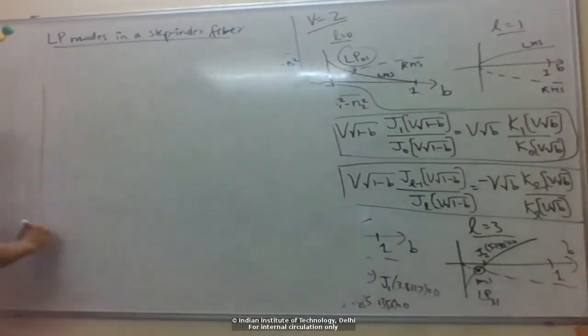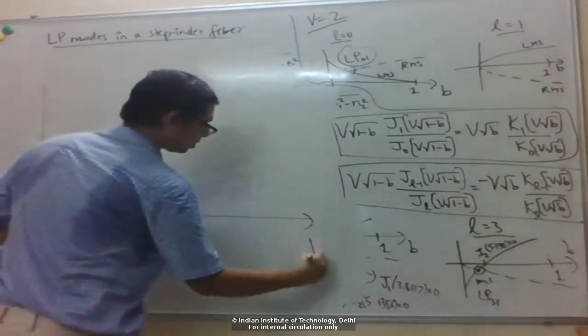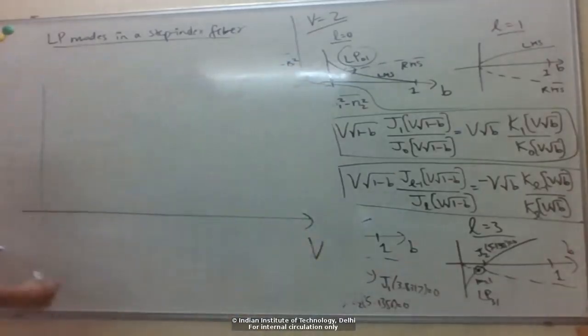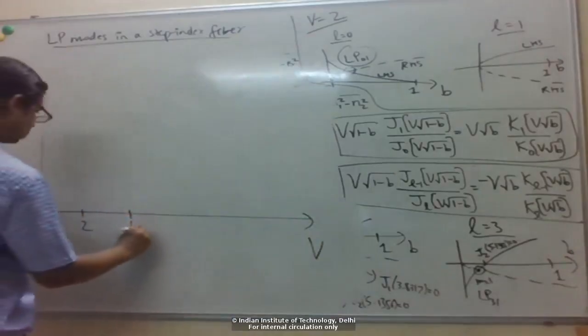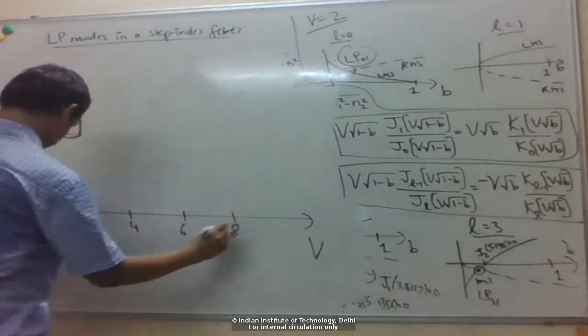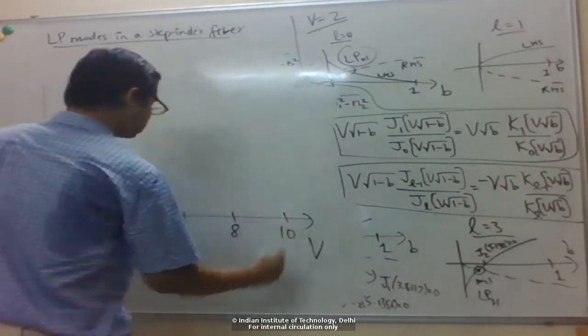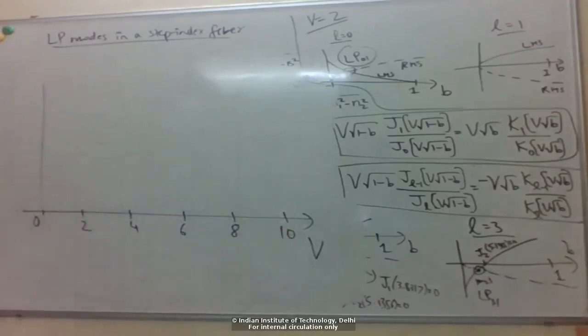Right, so we get these BV curves. We vary V, let's say starting from 0. We've got B on the y-axis, again it goes from 0 to 1.